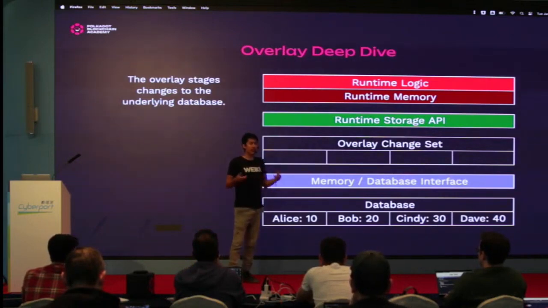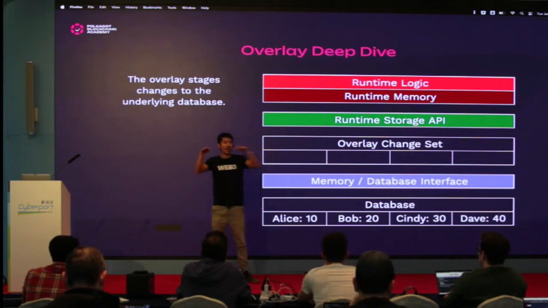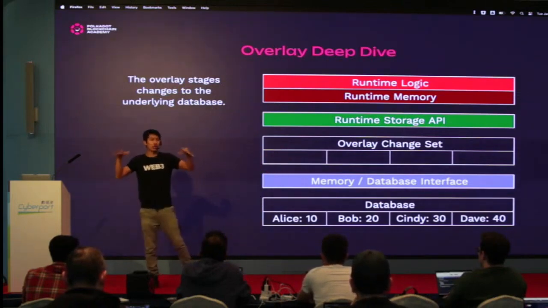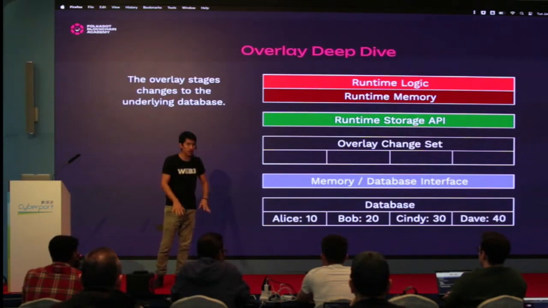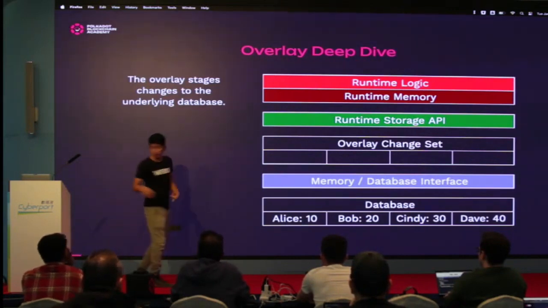Not only is it actually writing to a database, passing through these layers, but also having to calculate the Merkle root, all that kind of stuff. What we have in this overlay change set is a very light DB in memory, which I think isn't even Merkleized. It's just raw key-value things. So if we can do all the operations there and then queue the changes down, it's way more efficient, way better for us, right? So let's go through that.